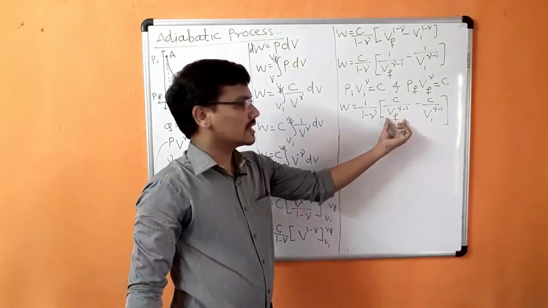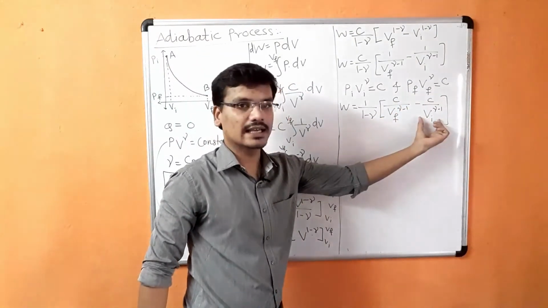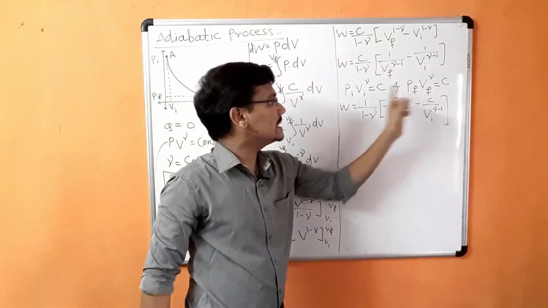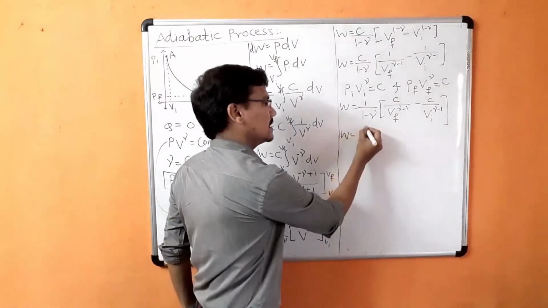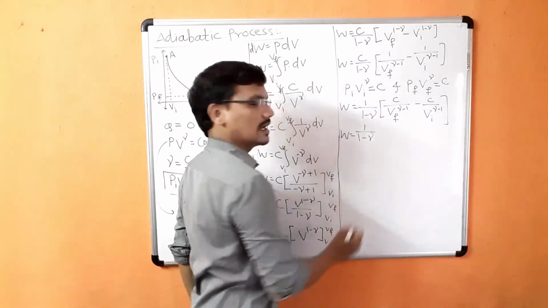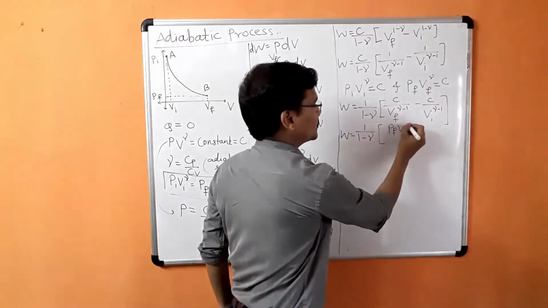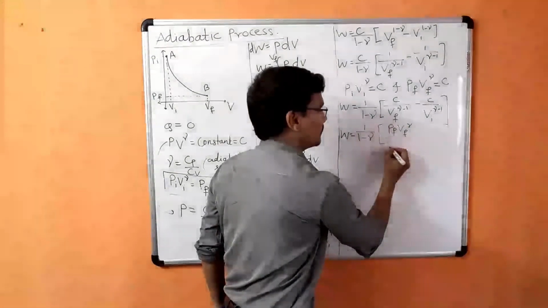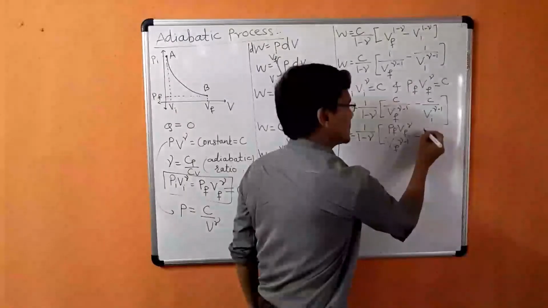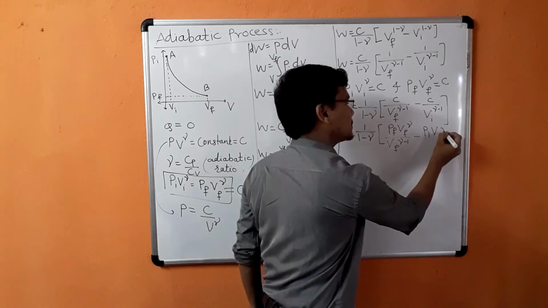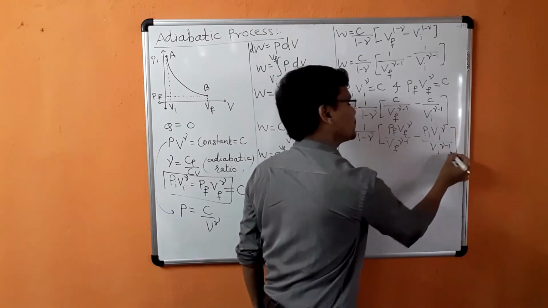Here it is Vf, therefore the value of C is PfVf raised to gamma, and here it is Vi, therefore the value of C is PiVi raised to gamma. Therefore W equals 1 upon 1 minus gamma in bracket PfVf raised to gamma upon Vf raised to gamma minus 1 minus PiVi raised to gamma upon Vi raised to gamma minus 1.